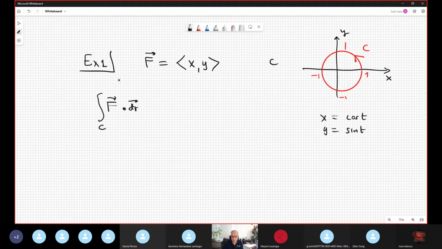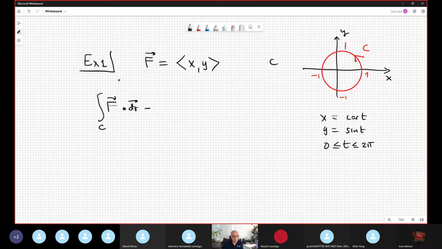And t varies. Don't forget to specify this. This is important because otherwise you don't know the domain, whether it's a full circle, a quarter circle, or a semicircle.